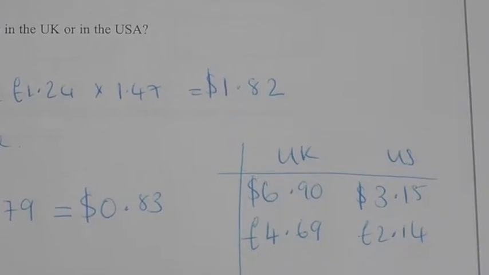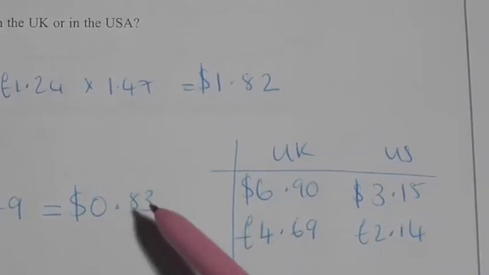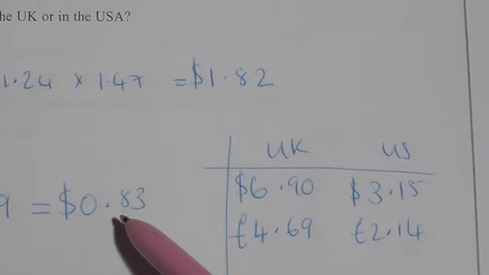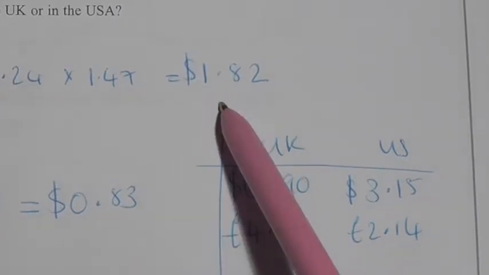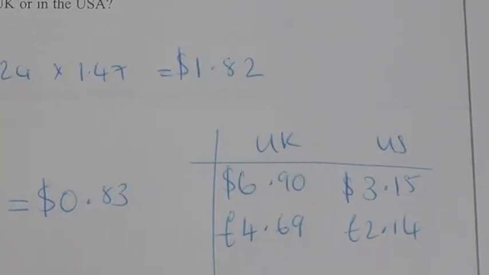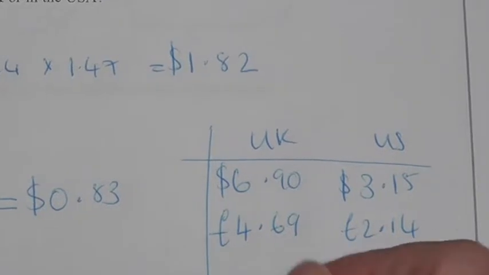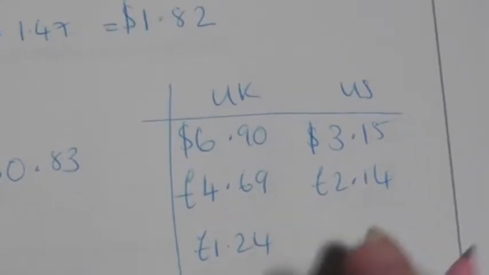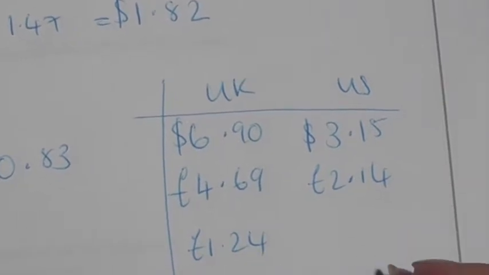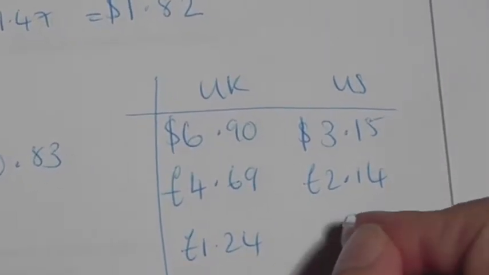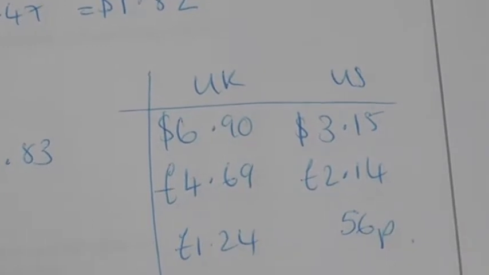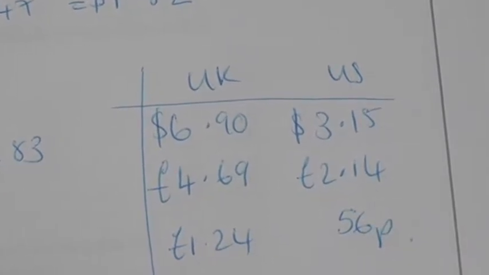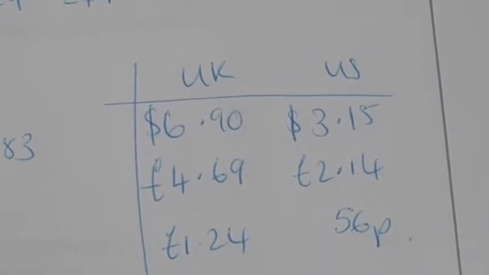So these are gallon prices. And then I've done the comparison on litres in dollar prices, but if you converted the litres into pound prices, it would be £1.24 in the UK, and in the US it would have been 56 pence. You need those comparisons and a statement saying that petrol was cheaper in the US.